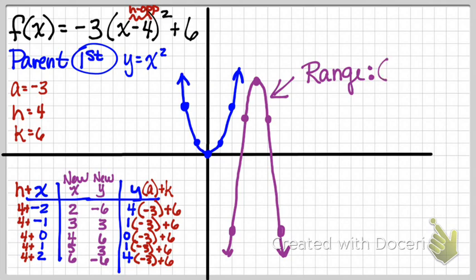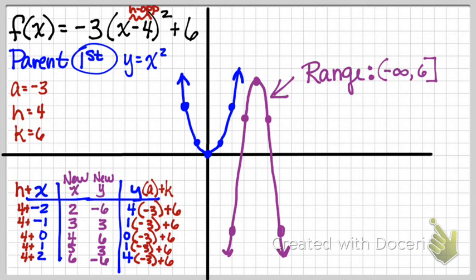Down. So the y values go down forever. That means it has a maximum. It has a highest point. What's the highest or the biggest y value? 6. And I use a square bracket there.